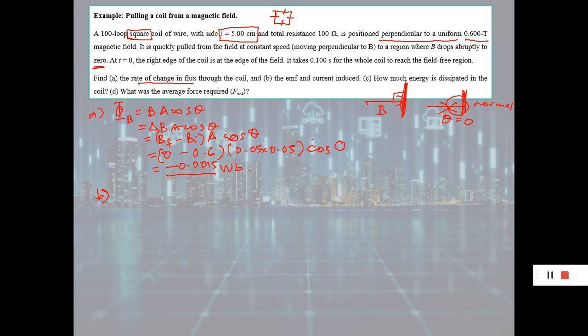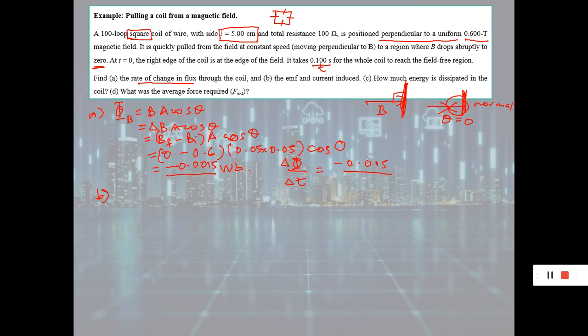So that means that you need to find the changes in flux over changes in time, where negative 0.015 over what changes in time here. You can see where the time is. Okay, it takes 0.1 second. This is the t.